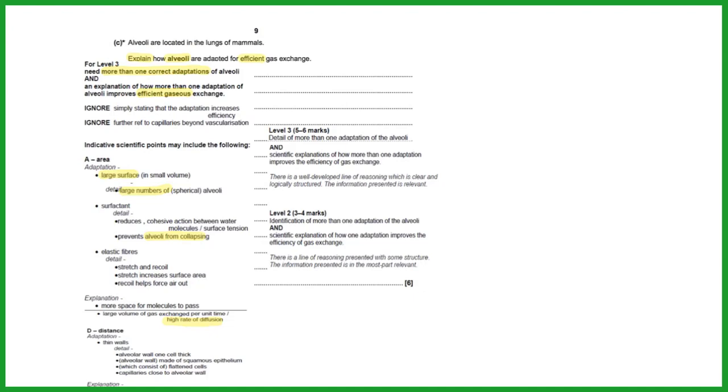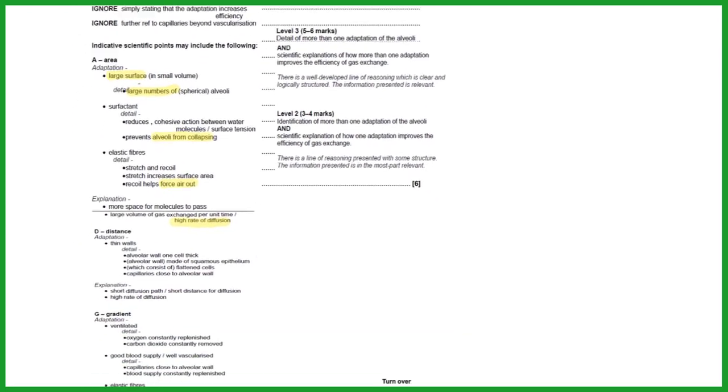The elastic fibers stretch and recoil. When they stretch, the whole of the alveoli increases in surface area so that you have more surface area for efficient gas exchange, and then when they recoil as you exhale, that helps to force air out, which will ventilate it, which gives you more efficient gas exchange.